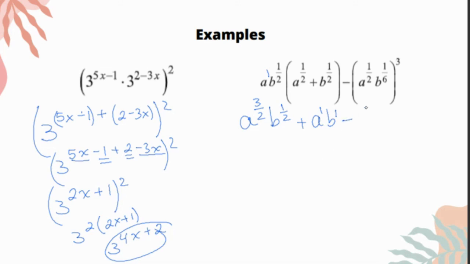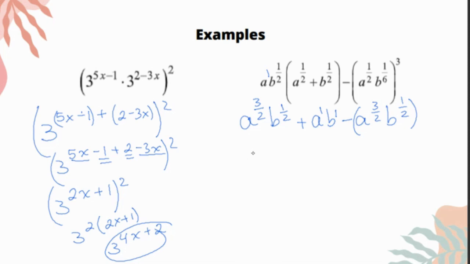Now, let's do the power law here. So we'll get a to the 1/2 times 3, which gives us 3 over 2. b to the 1/6 times 3, which gives us 3 over 6, reduced to 1 over 2. Now we have this negative in front of the bracket, which means when we drop the bracket, it affects this whole thing.